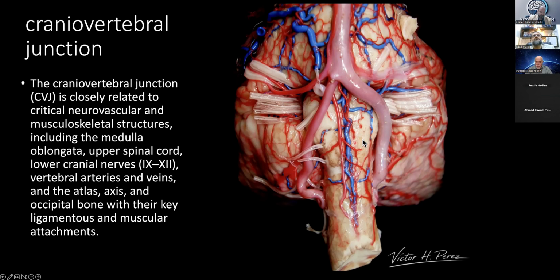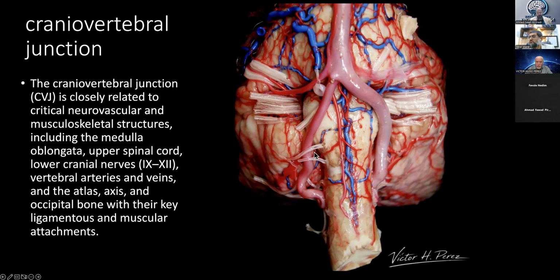But in this case, we have the spinal artery, anterior spinal artery, coming from the vertebral artery. Later, I'm going to talk a little bit about some variants of the vertebral artery.